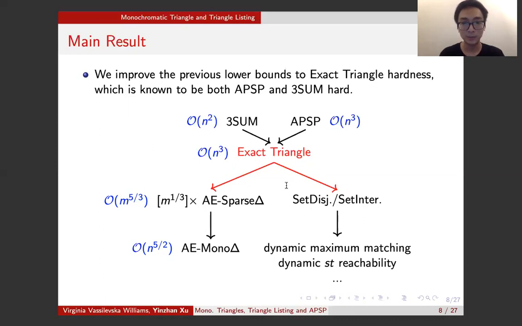The good thing about this new result is that it was known that both 3SUM and APSP reduce to exact triangle. So now, all these problems, including all-edges monochromatic triangle, dynamic maximum matching, and a lot of other problems, not only have 3SUM hardness, but also automatically get APSP hardness by our new result.